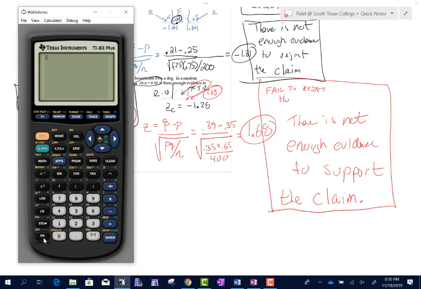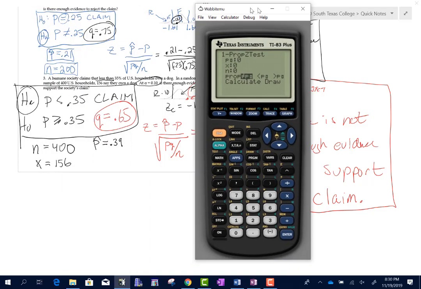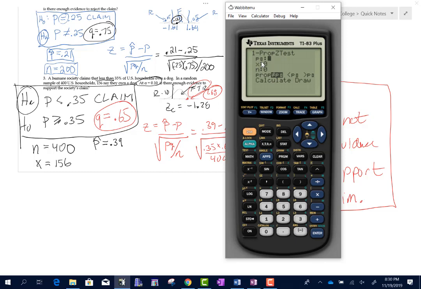Guys, if I go here to stat and I scroll over to tests, do you see number 5 where it says 1 proportion Z test? I'm going to go to that right there, and I'm going to hit enter. Okay, and all it's telling me here, the P0 is whatever the claim is, or the original proportion they gave me. What was the P0 it gave me? 0.35, right? So 0.35, okay?